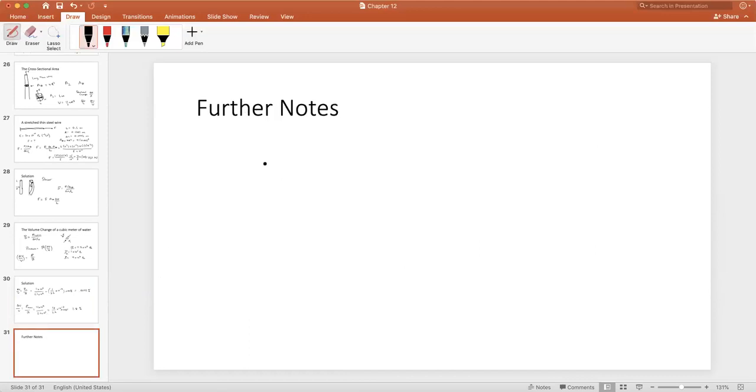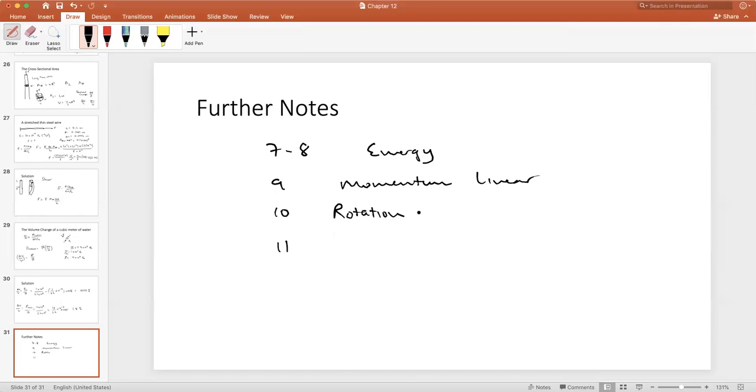exam 2. So my further notes would be, remember the 7 and 8 were energy, and 9 was momentum, linear. Chapter 10 and chapter 11 were basically torque, rotation and torque. So let's say this is rotation and torque, and this was angular momentum, and rotational energy, KE rotation.